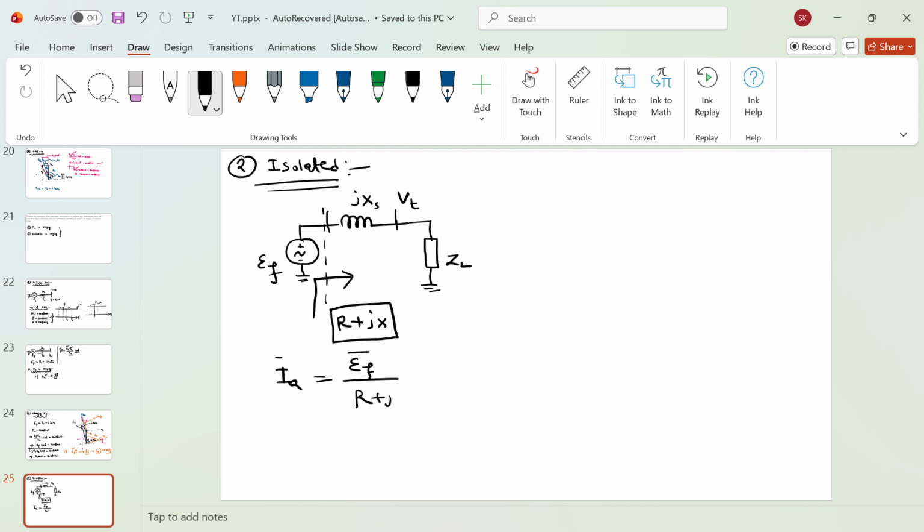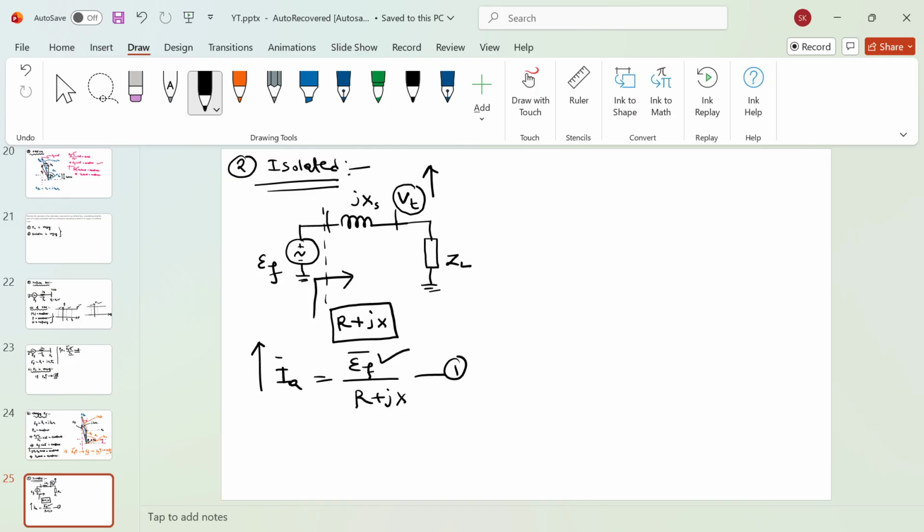divided by R plus jX. Now in this case, if you increase the excitation, from this particular equation you can say your armature current will also increase. And if your armature current is increasing, the terminal voltage will also increase.